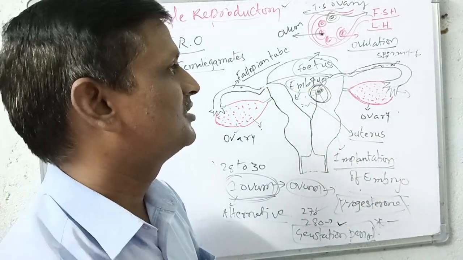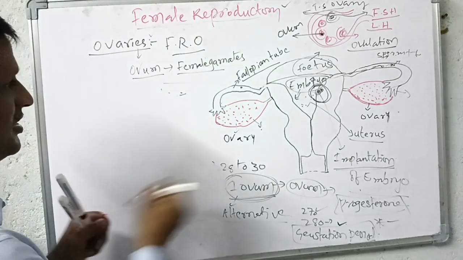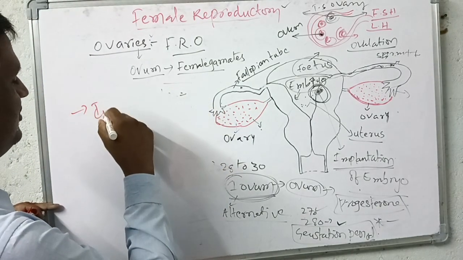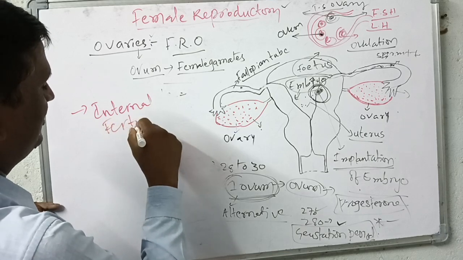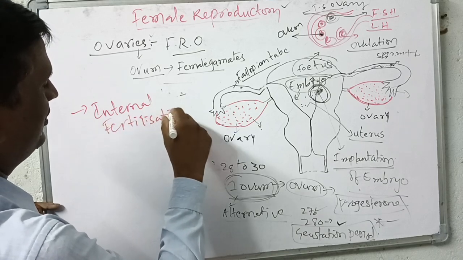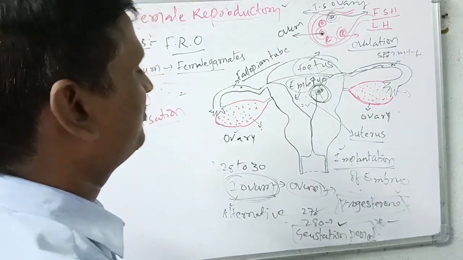Okay, in the coming class we shall study what external fertilization is. Generally, this is internal fertilization. That means the fertilization occurs inside the body, so it is called the internal type of fertilization.